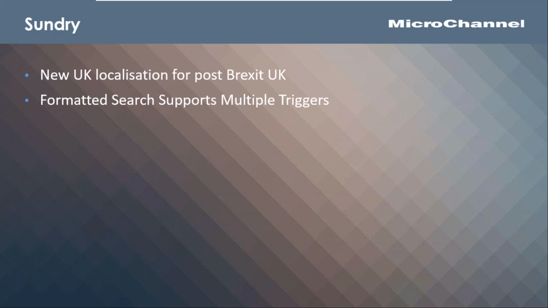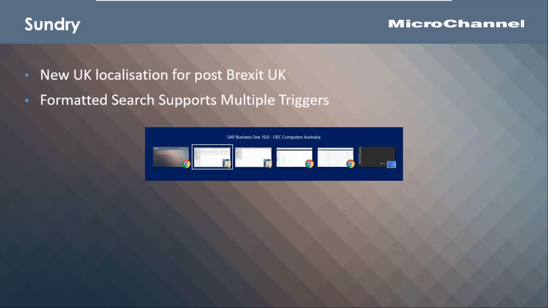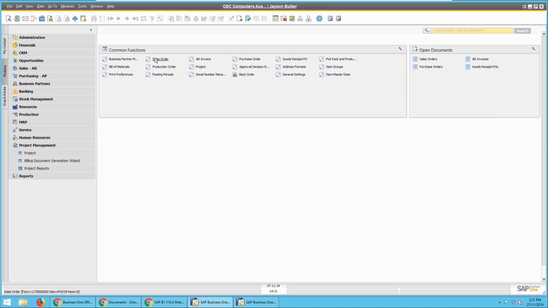That is okay in most cases, but there are certain more complex searches or triggers that you want to enable for some kind of business process that you want to fire off at multiple different points. So SAP has basically come and allowed us to now use as many triggers as we want, not even just 2 or 3. So I'll quickly show you what we are referring to there.